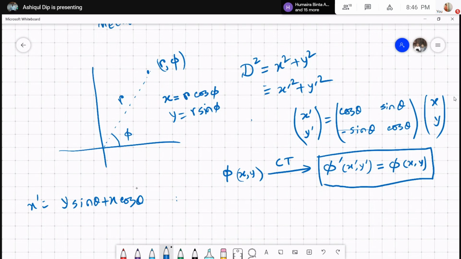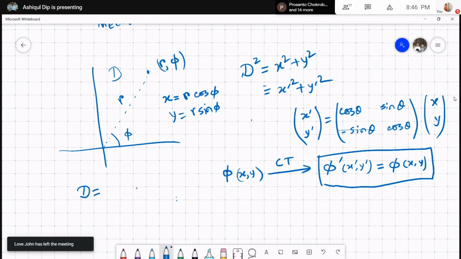Now even if we go to polar coordinate, this distance d has to remain fixed, right? Under this transformation, it has to be the same. So then in polar coordinate, what would be the formula for d? I'm actually talking about d square.